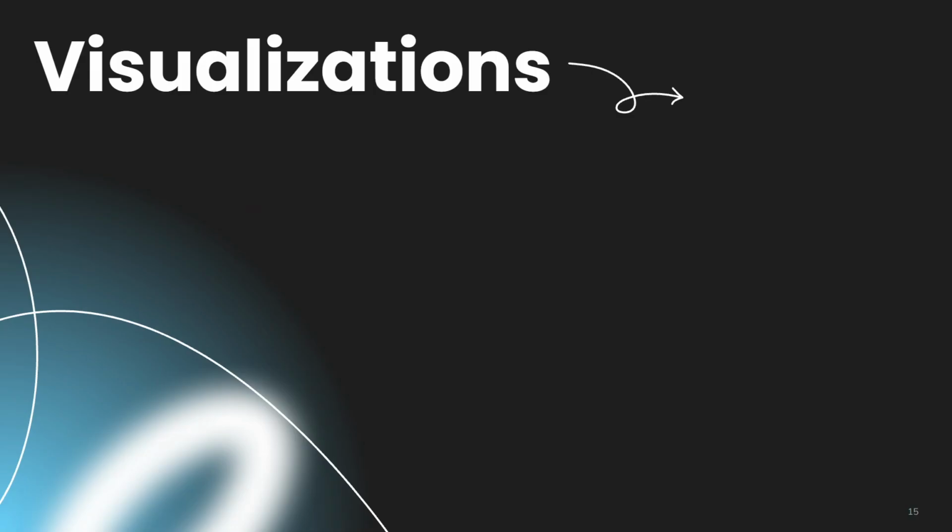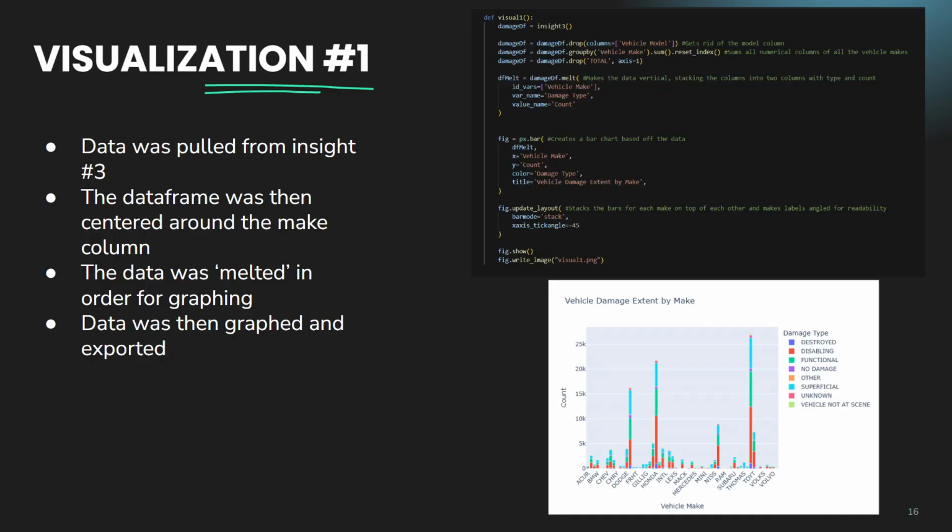Onto our visualizations. For visualization number 1, we based it off Insight 3. We wanted to see the proportion of damage types for each vehicle make. So we summed up all the vehicle makes and made the data vertical so it'd be easy to graph.